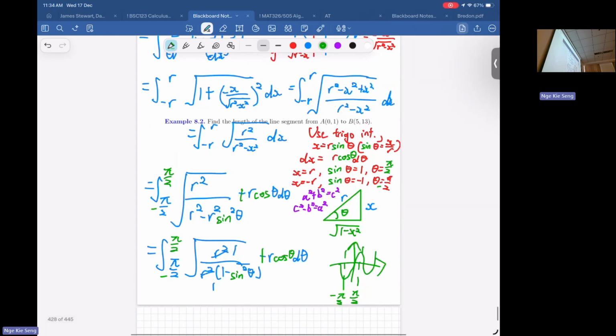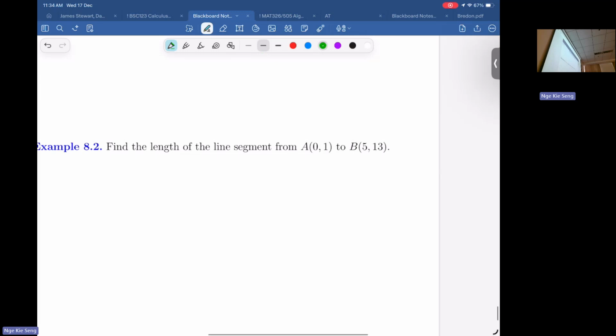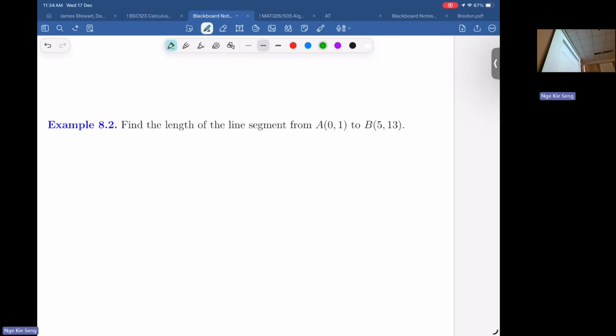Maybe I'll let you try this question here, but let's discuss first. This is the length of a line segment from 0, 1 to 5, 13. Before using the arc length, do you know how to compute this length here? You make a right angle triangle.